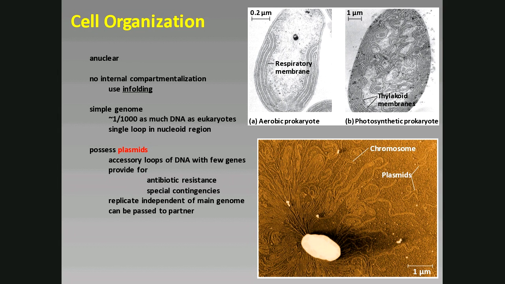Those are accessory loops of DNA, smaller pieces of DNA with fewer genes on them, and oftentimes those genes are the problem that we have as human beings, because plasmids will have genes on them for things like antibiotic resistance or special contingencies like different types of diets, different types of energy sources, different types of sugars that they can use.